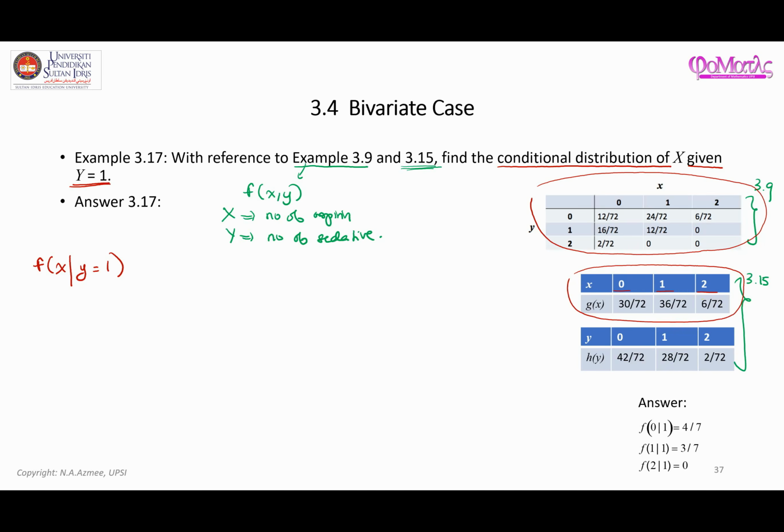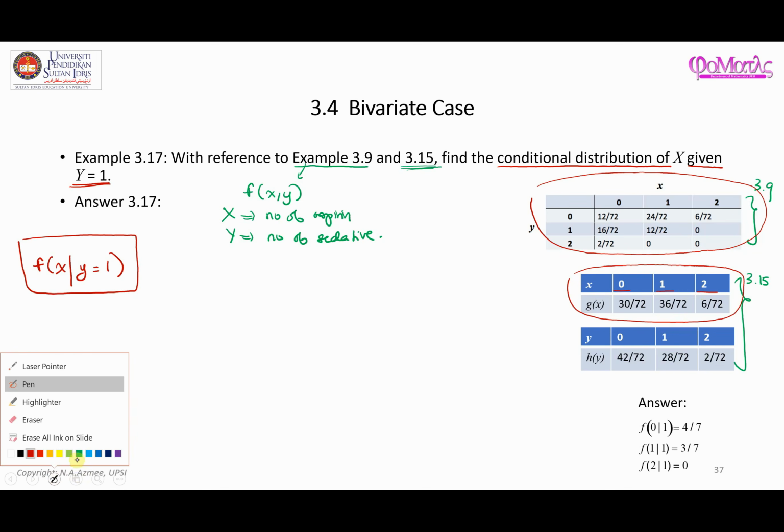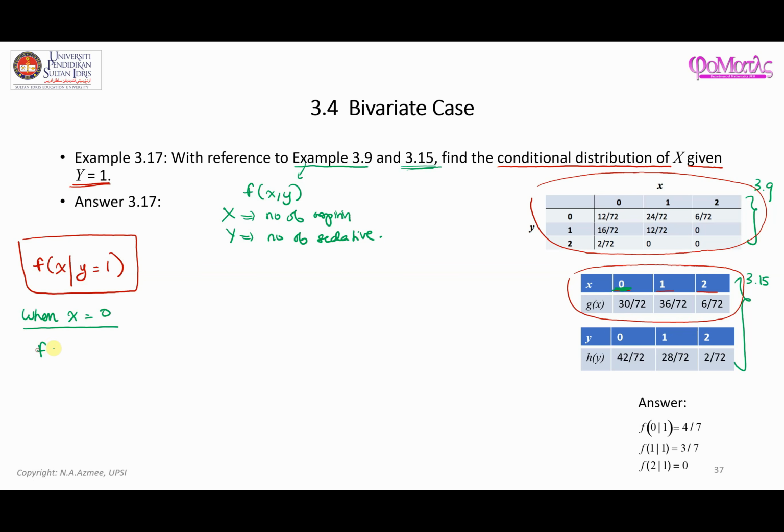This is what we are looking for, and now we start considering what happens when x is equal to 0. When x is equal to 0, what we have is f of 0 given y is equal to 1.